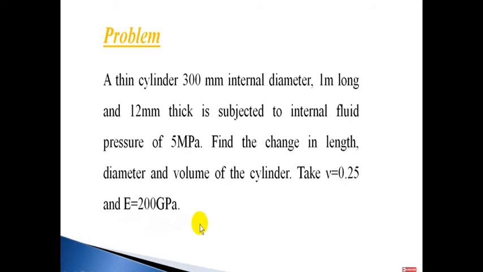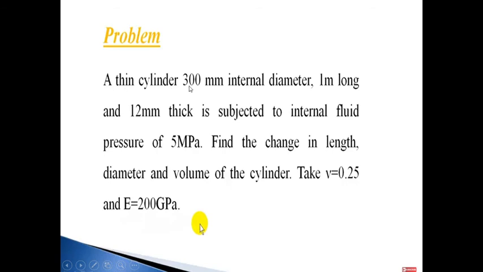Now small problems on the thin cylinder. First of all, read the problem carefully, with all the data in it. Read the problem one or two times, then write the given data.